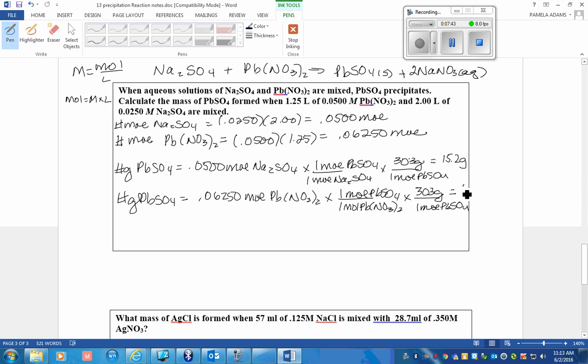And that yields 18.9 grams of lead sulfate. The reaction stops when we run out of the limiting reactant, Na2SO4, so 15.2 grams of lead sulfate are formed.